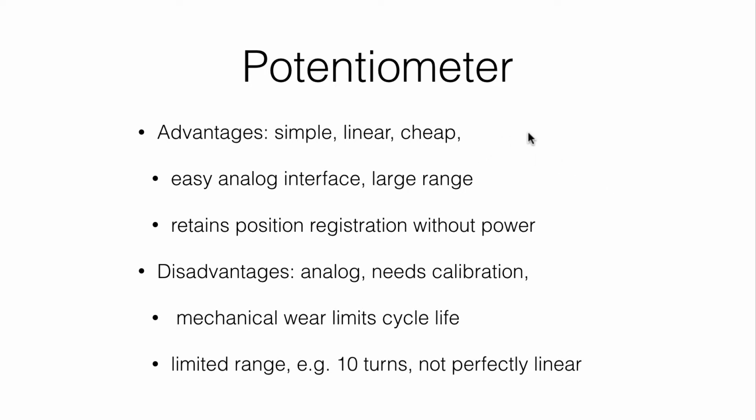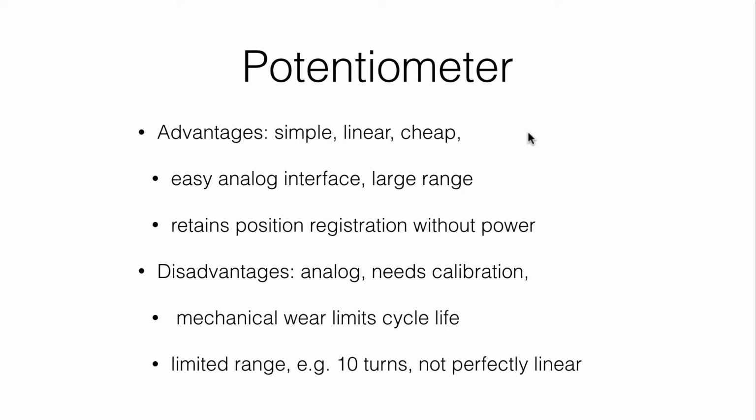So the advantages of using a potentiometer for position measurement: it's really simple, it's linear, it's cheap. It's got a really easy to use analog interface and a large range, so that it's really easy to plug into a microcontroller or something like that. And it retains its position registration without power.